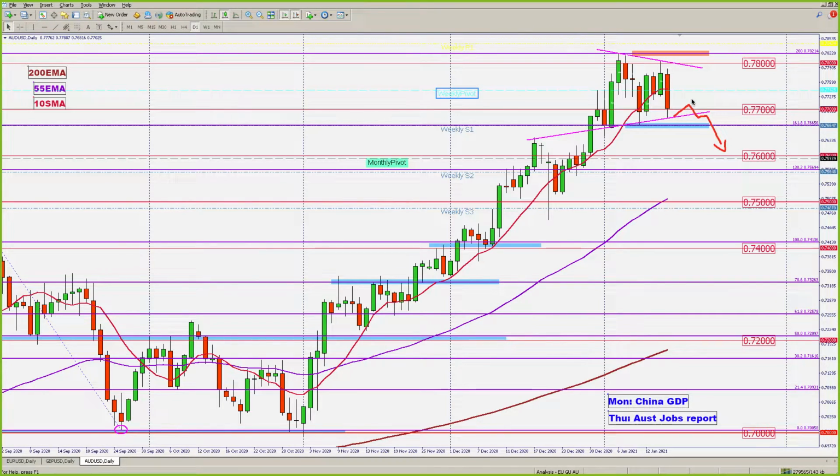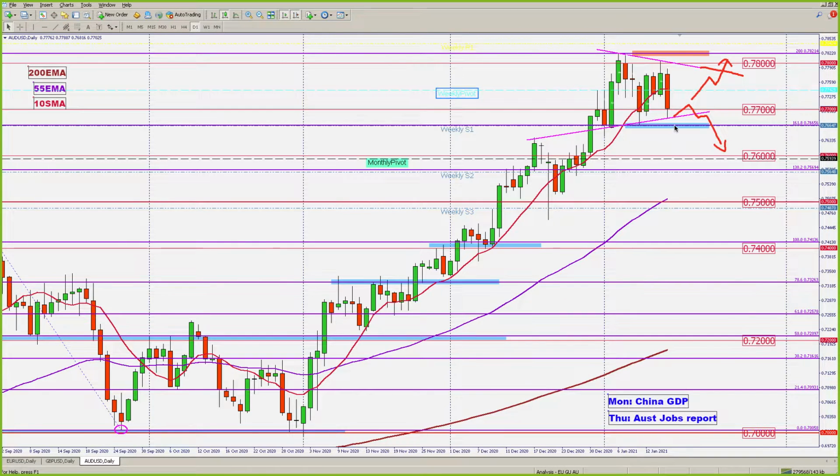Or it could also attempt to bounce and target 0.78 and break above that upper trend line to climb higher. So we'll see how these news next week will impact the move, and as well as the US dollar.